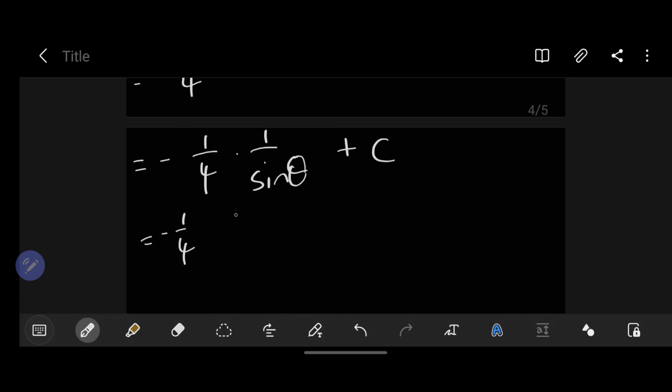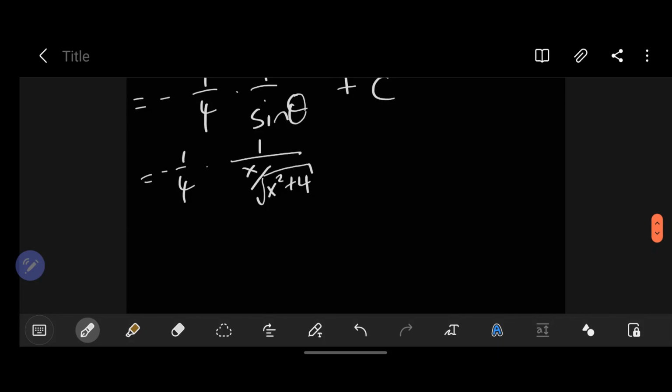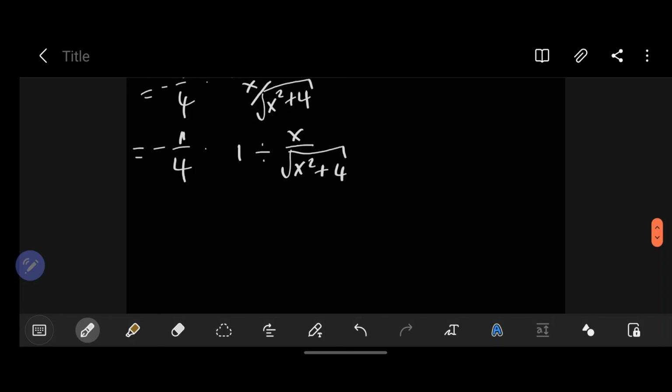Negative 1 over 4 times 1 over x divided by square root of x squared plus 4. So this is the same as negative 1 over 4 times 1 divided by x over square root of x squared plus 4, which is the same as 1 times root of x squared plus 4 over x.